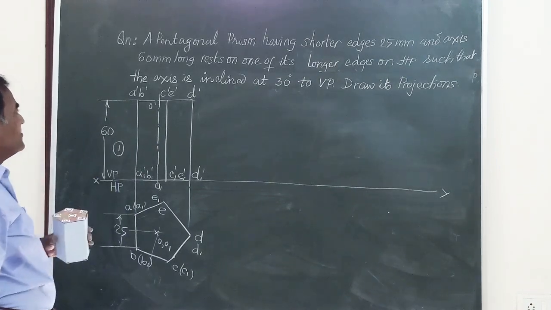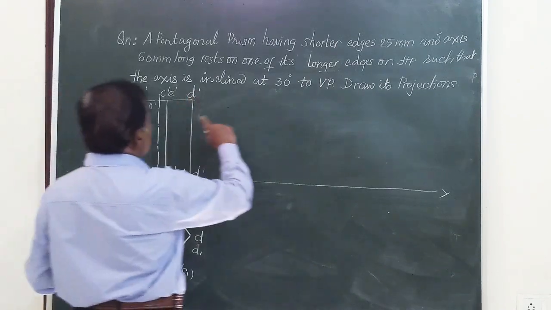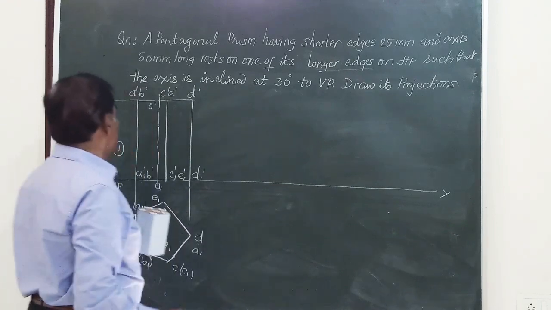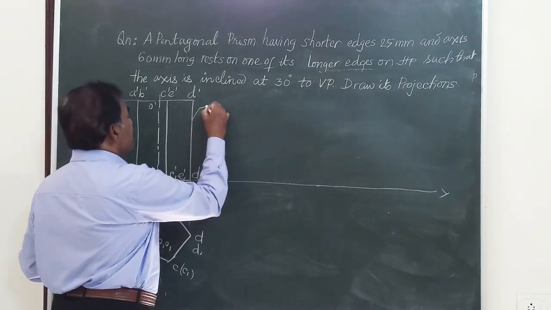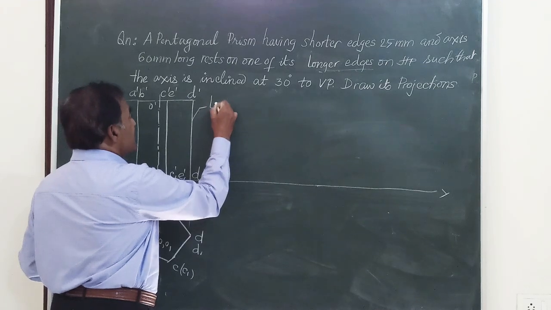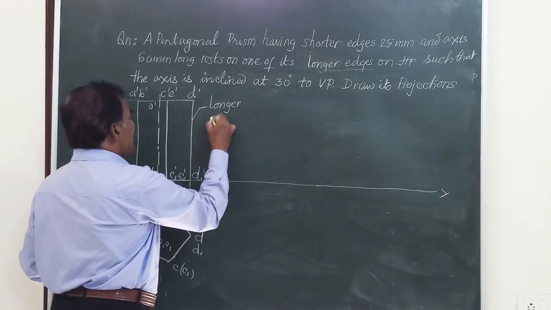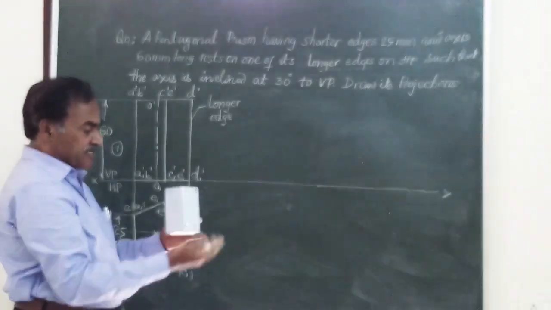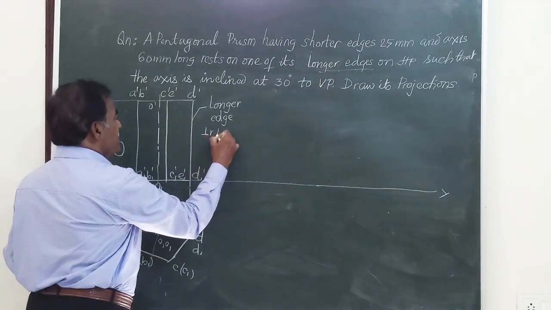In figure number 1 we observe that as per the problem, the object has to rest on one of the longer edges on HP. So if you observe the front view, the line D dash, D1 dash represents one of the longer edges. There are 5 such longer edges. This is one such longer edge, and this longer edge is very obviously perpendicular to HP.